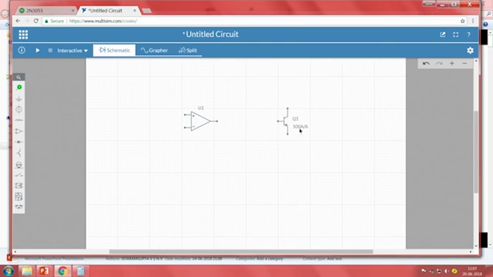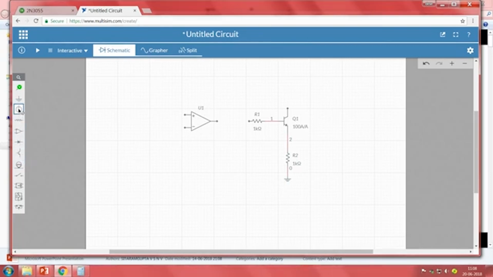I will take one more resistor, and one more resistor here. Let me rotate. Connecting, and this is to be connected to the ground.